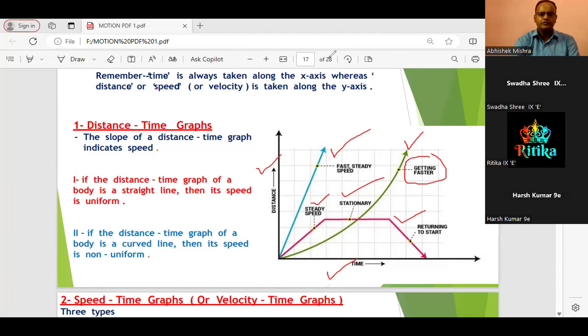Can anyone explain the different conditions of this graph? Harsh, can you explain the different conditions of this graph? Yes, Harsh, go on.